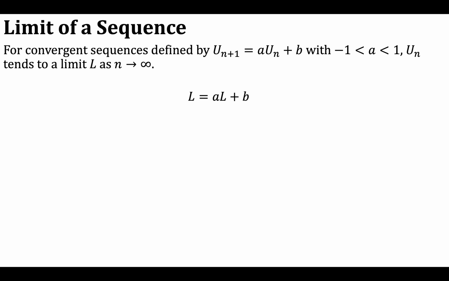If we subtract aL from both sides, so that we've got all of the L's on the same side of the equation, I can then take out a common factor of L. So L(1 - a) = b. And to get L on its own, we need to divide throughout by 1 - a. So the limit of a sequence is equal to b over 1 - a. And you can see that b is here and a is here.